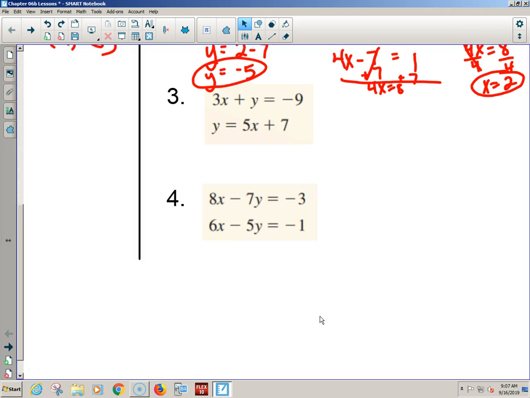And then don't forget this one. Oh, so you divide it by 4, and then you cross this out, and that's 4. So x equals 2.